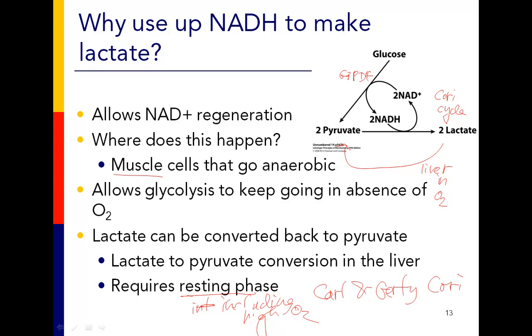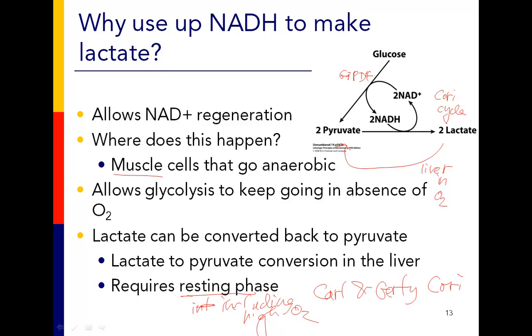After we talk about gluconeogenesis, pyruvate can get made into acetyl-CoA to enter the citric acid cycle. Then ultimately, all those reduced cofactors can enter the electron transport chain in the mitochondria to make more ATP with oxygen as the electron acceptor. So basically, in the absence of oxygen, everything comes to a stop, and we can't get all the energy out of the pyruvate that we know is there chemically.